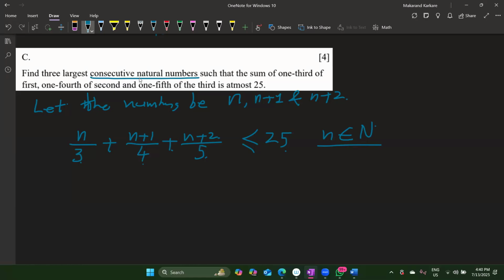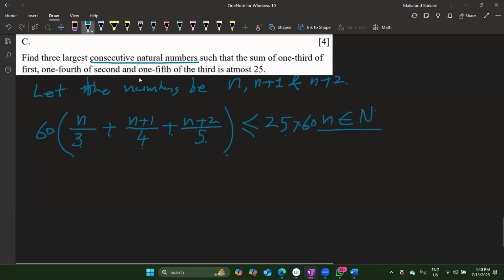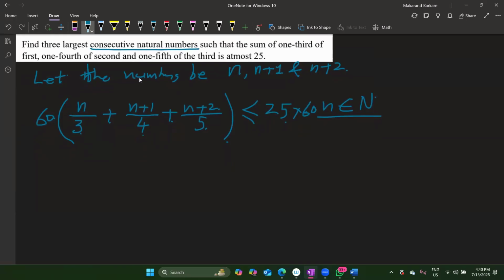Now the best thing to do is take LCM and multiply both sides by LCM. So here what is LCM? 2 3s are 6, 60. So 60 times this is also 60 times 25. So 60 upon 3 is 20. So 20n plus 60 upon 4 is 15.